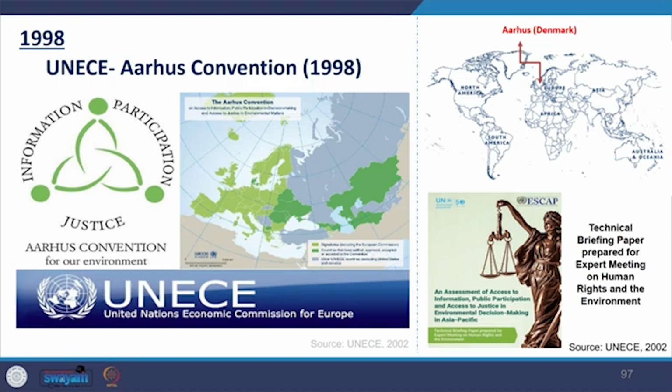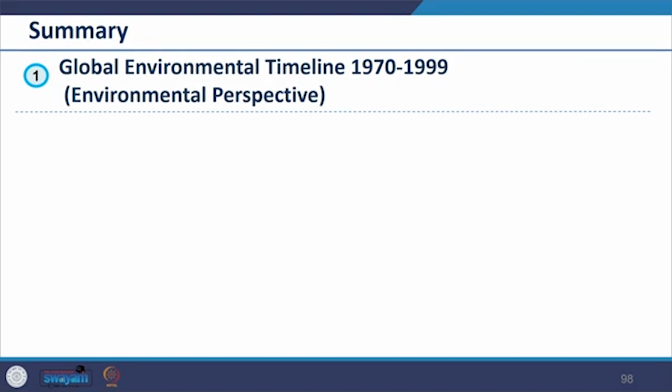So that was what we covered today. We looked at the global environmental timeline, from 1970 to 1999 from the environmental perspective. We looked at how we started from Silent Spring, and then how eventually our understanding and inclusiveness increased.